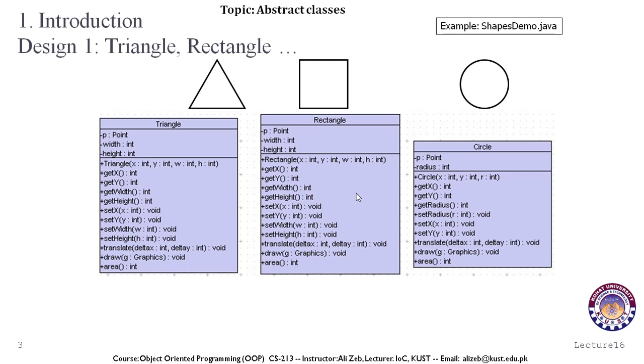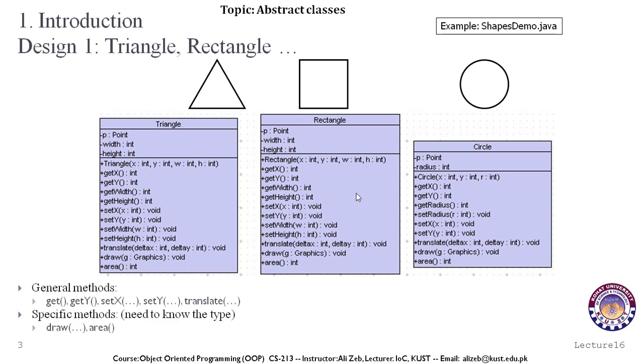If we look closely at these methods, there are some general methods in each of these classes. These are the getter methods and the setter methods. And then we have some specific methods like the draw and the area.